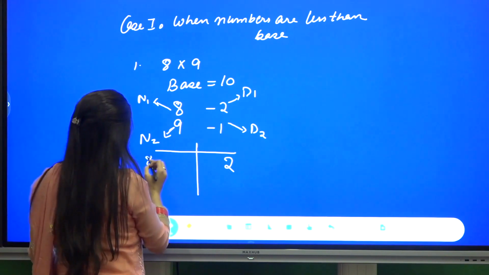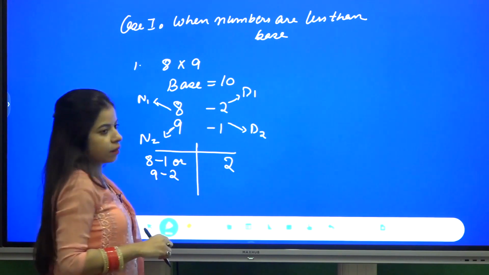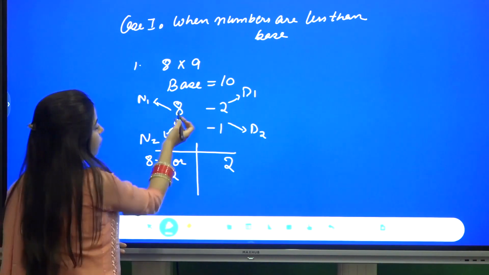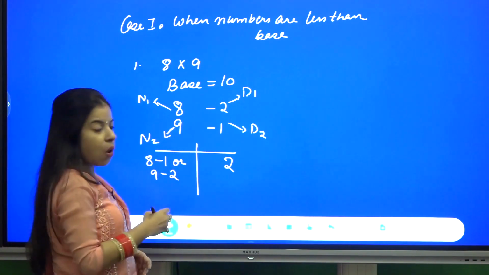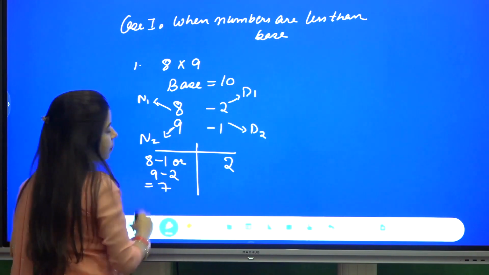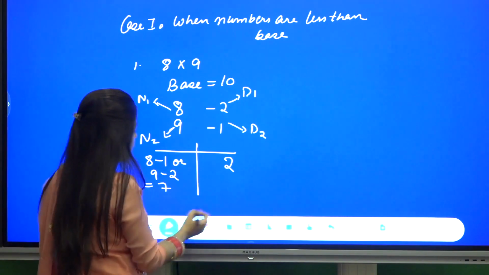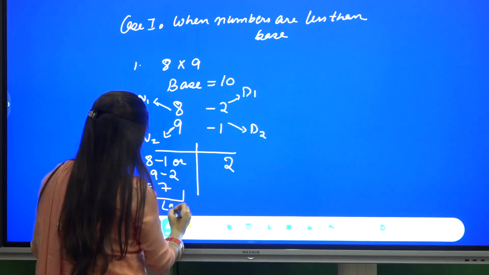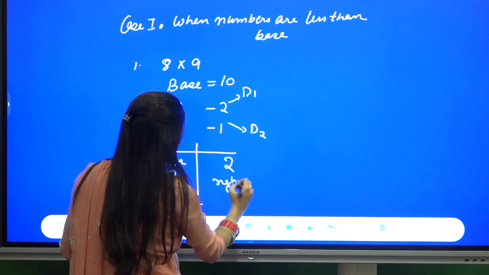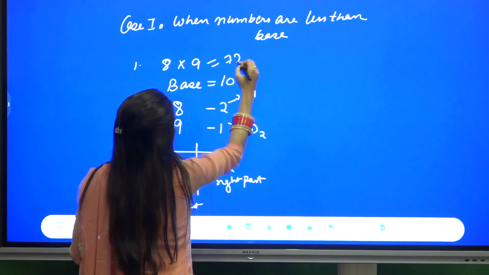That is 8 minus 1 or 9 minus 2. The thing that we have to observe is that either we add 8 minus 1 or we add 9 minus 2, the answer will be the same. And the final answer will be the combination of the left part and the right part. And so the answer is 72.